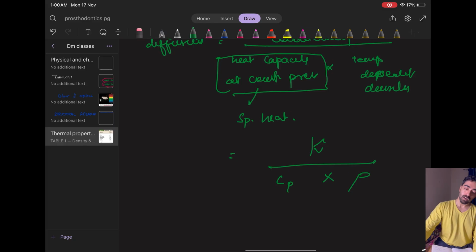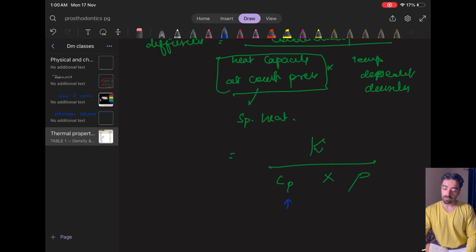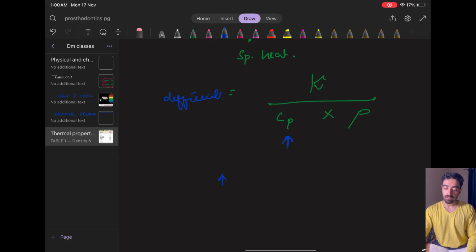Now, if I ask you from this formula, what will happen if I increase the heat capacity at constant pressure? What will happen to diffusivity? Well, obviously, if this relation is inverse, so if we increase Cp or this density, diffusivity will decrease.